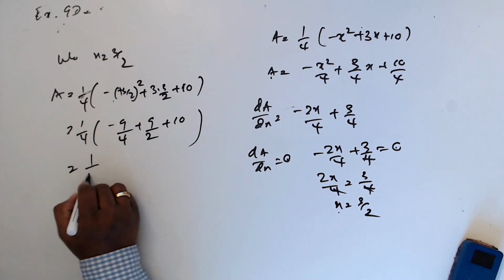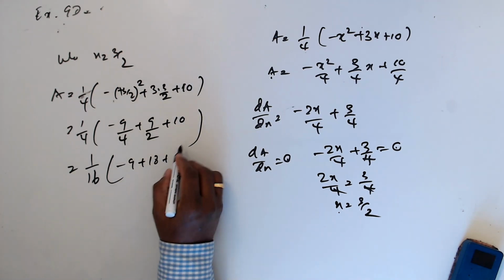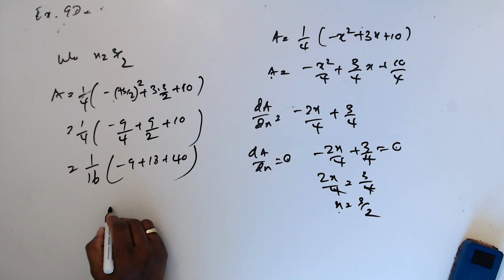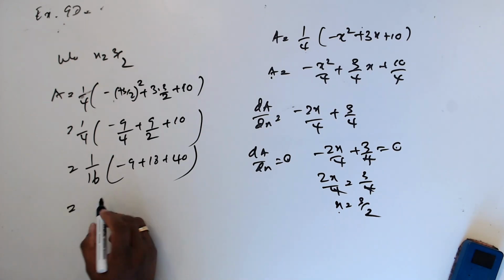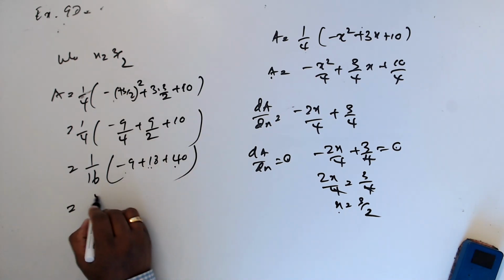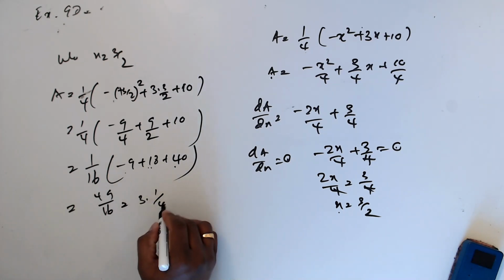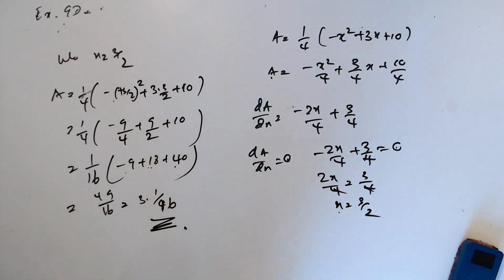So when I take 4 out, this is 9, this is going to be 18, and this is going to be 40. 9 plus 18 plus 40 is 49 over 16, or 3 1 over 16. So this is the second method you can use, and when you finish differentiation, you can manage that way as well.